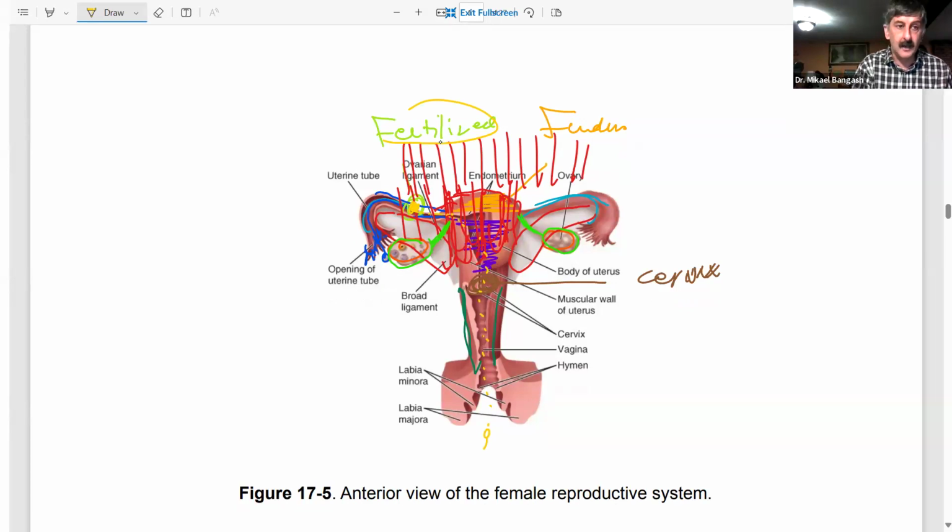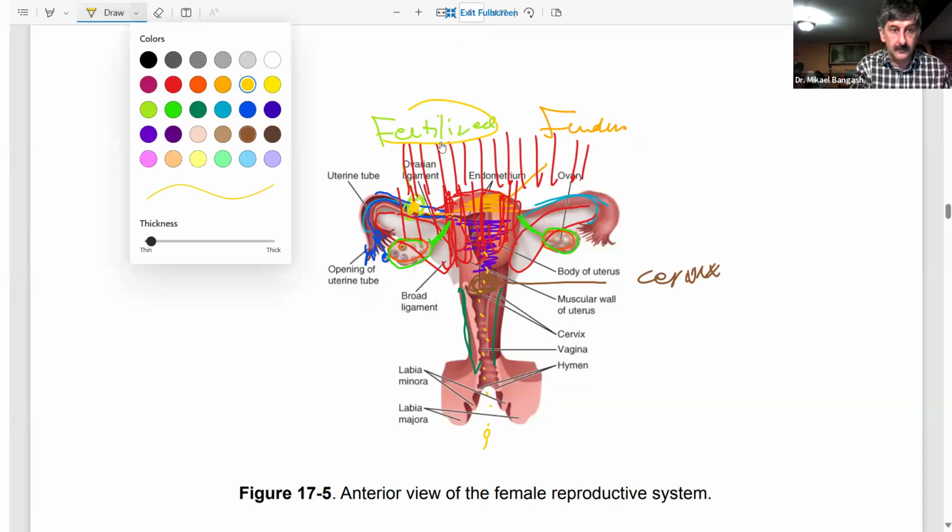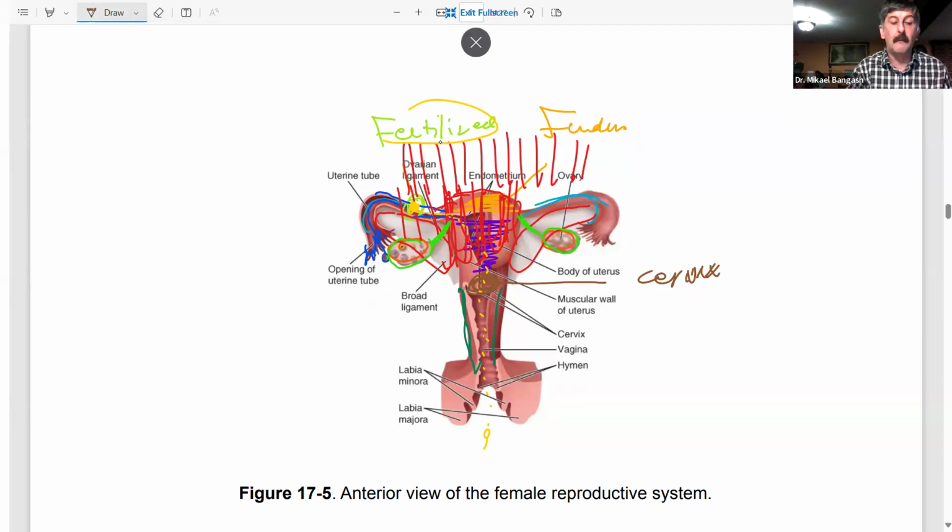In some cases, guys, that's pretty rare, if the fimbriae was not able to capture the ova, the sperm may be a pretty efficient swimmer, get here, and still fertilize the egg, but that's not anywhere in the tubular system. Forget about being in the uterus.